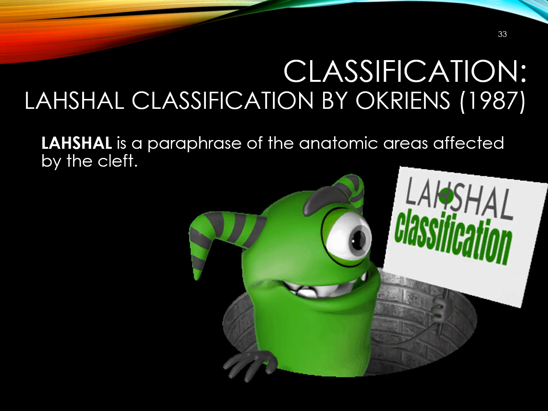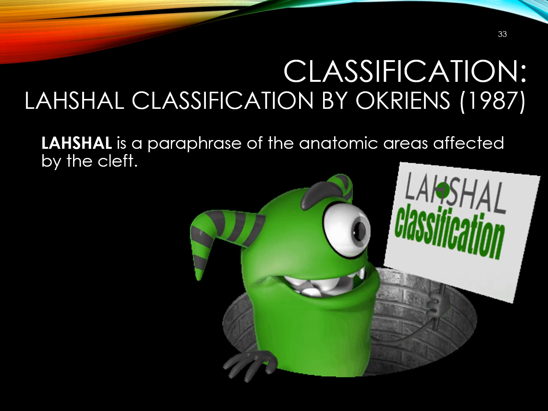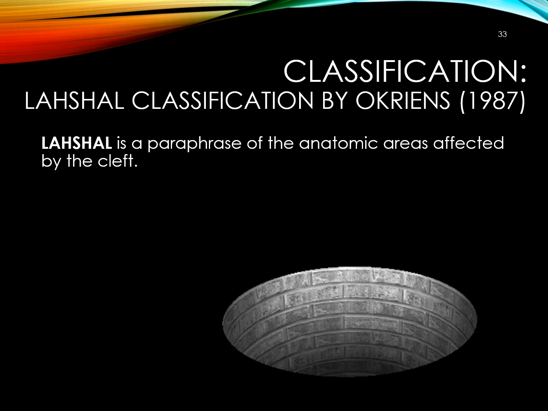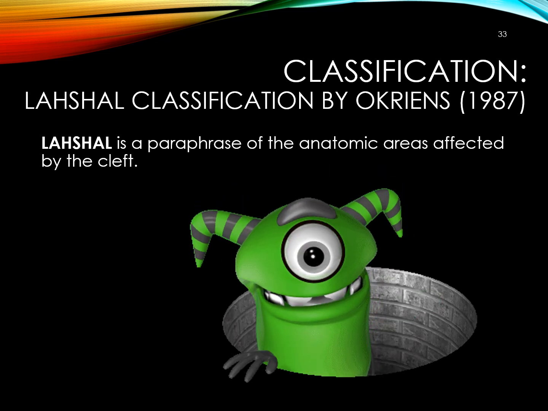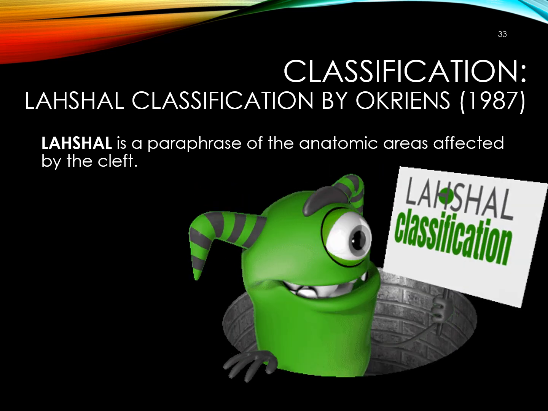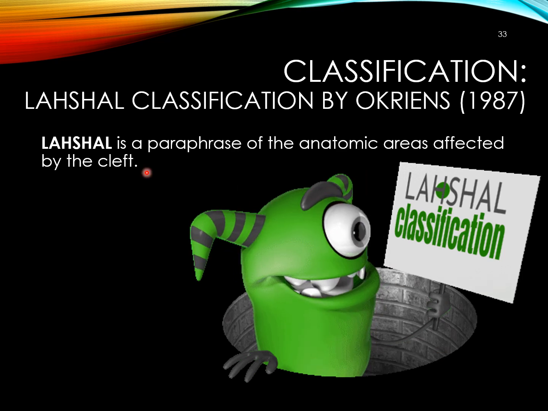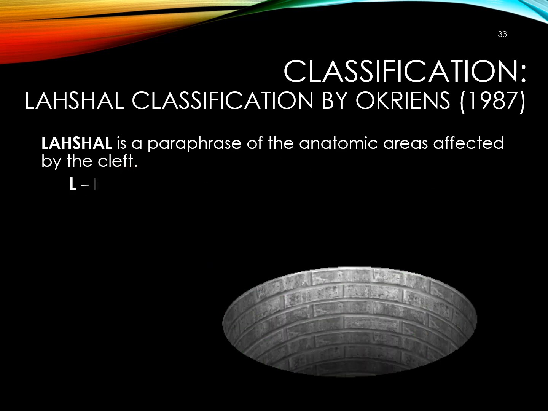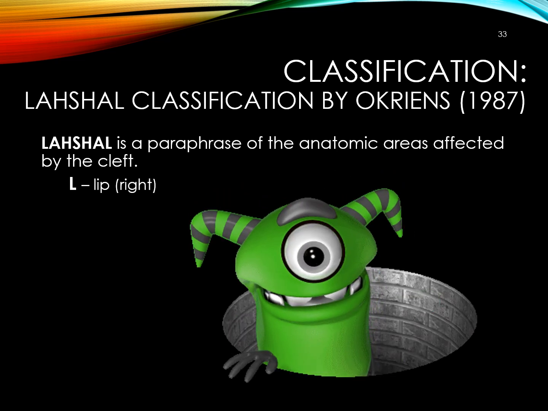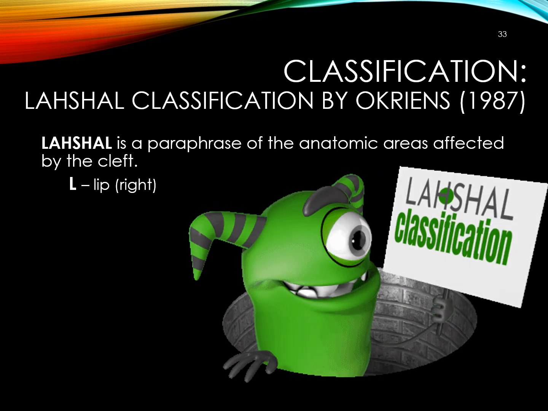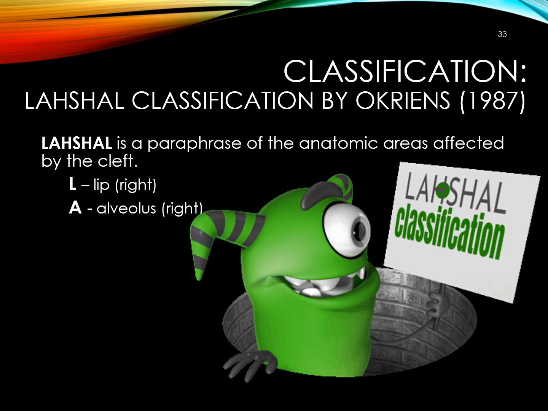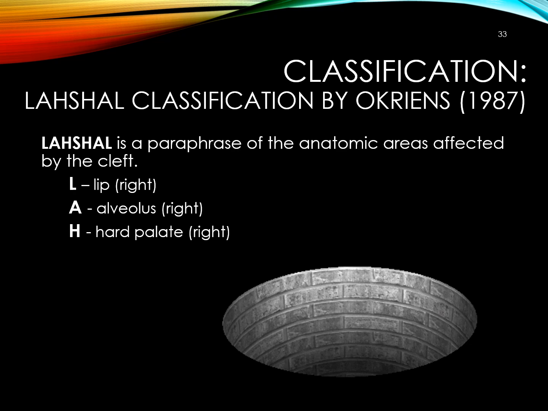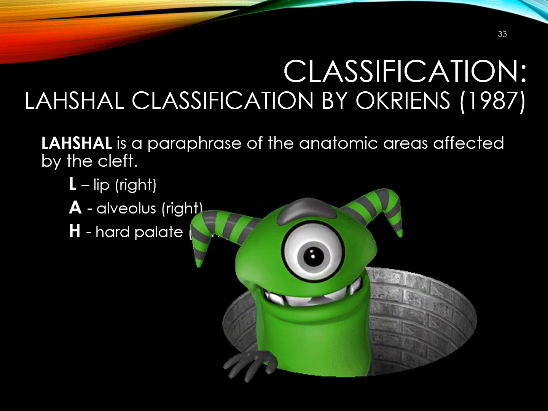And another very famous classification is called the LAHSAL classification by Okriens, proposed in 1987. LAHSAL is an abbreviation of the anatomic areas affected by the cleft, where the first L means lip right, first A, alveolus right, first H, hard palate right.